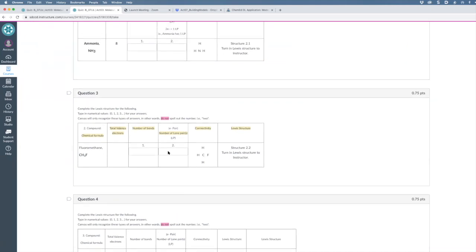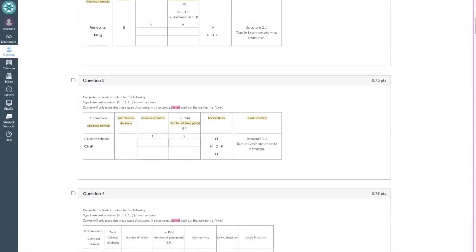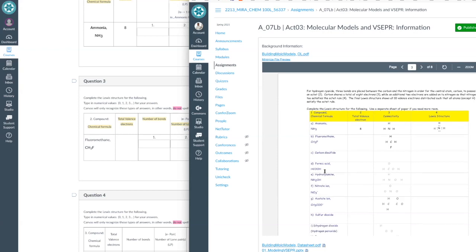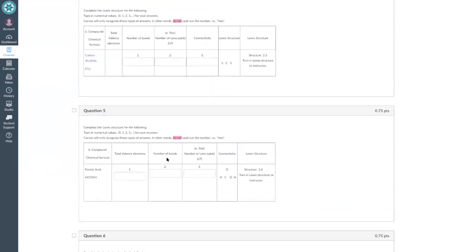Then you go to the next one, which is pretty similar. Here's ammonia, then chloromethane and carbon disulfide, and then formic acid. If you do that, that's essentially what you will see right here.